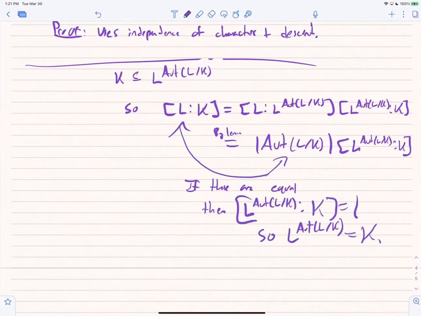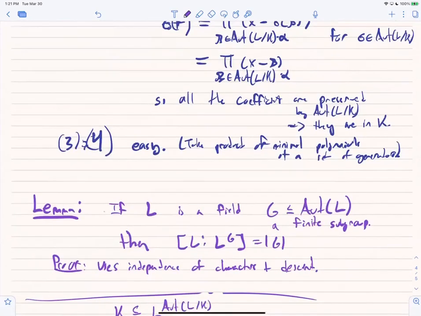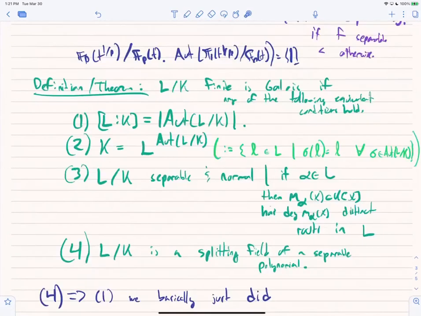And that was what we had left to prove. We had left to prove that this first condition in the definition implied the second condition.